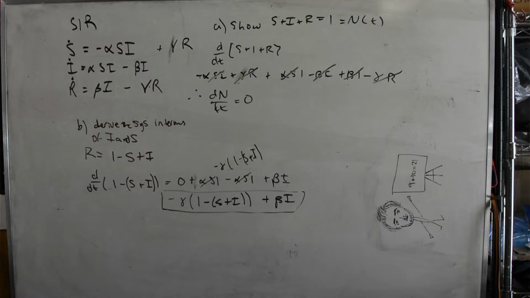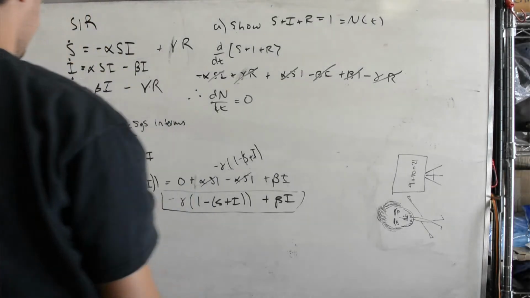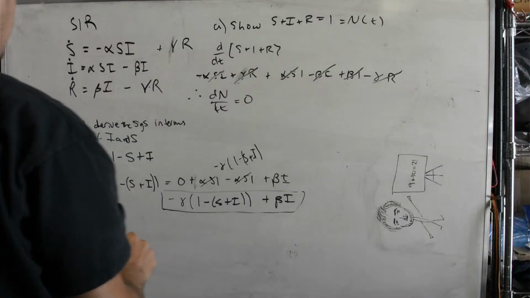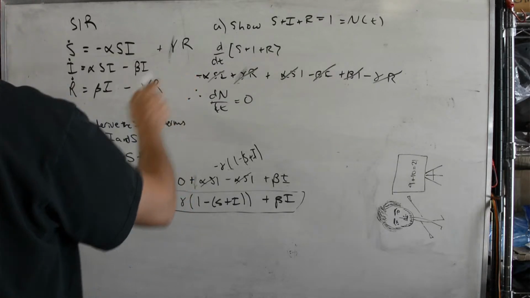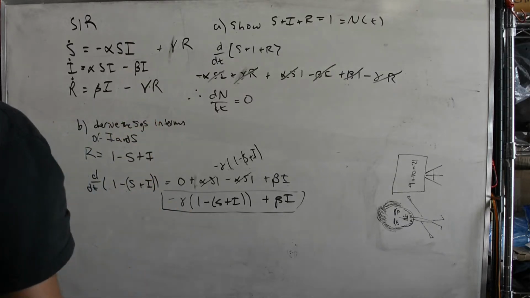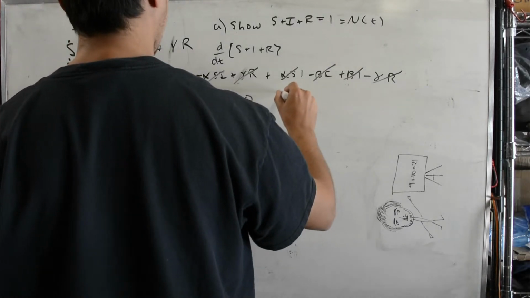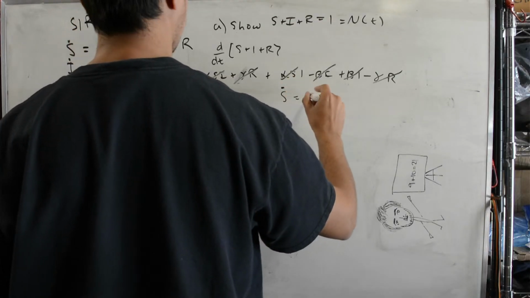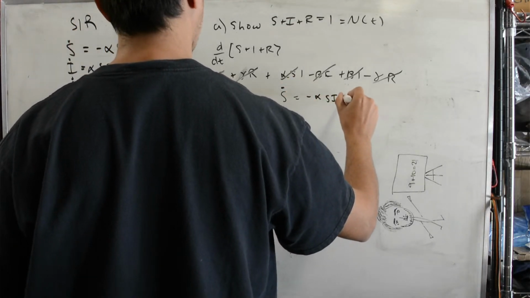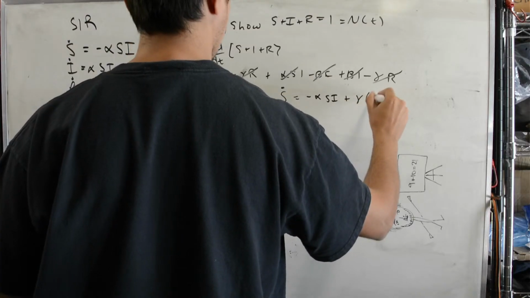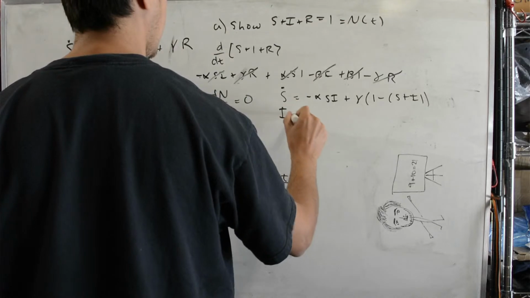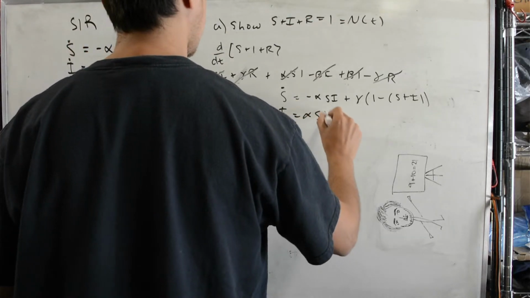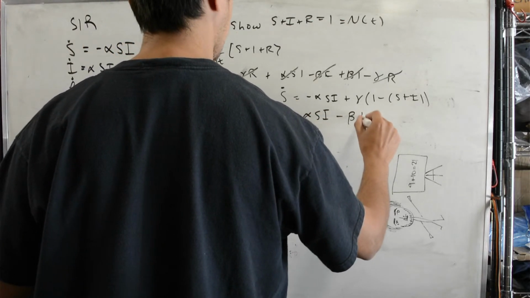Okay, but now we need to write the whole system in terms of that. So that's just a matter of replacing the R. Okay, so we're just going to get S dot is equal to minus alpha SI plus gamma times 1 minus S plus I. And then I dot becomes alpha SI minus beta I. This doesn't change.